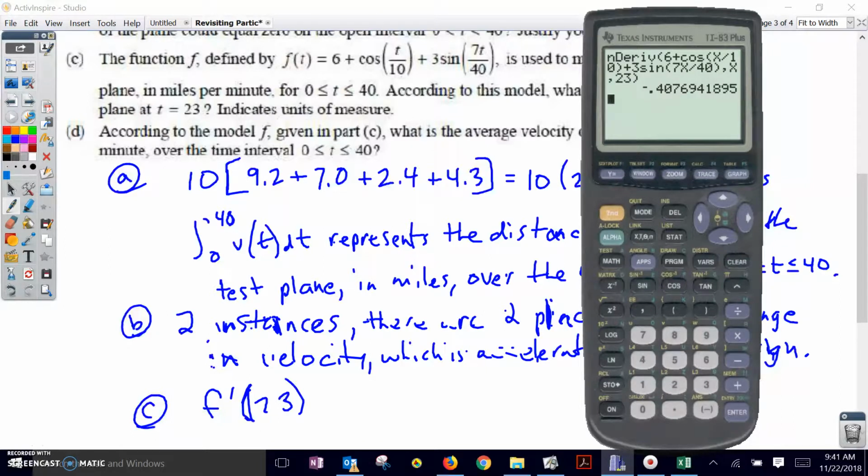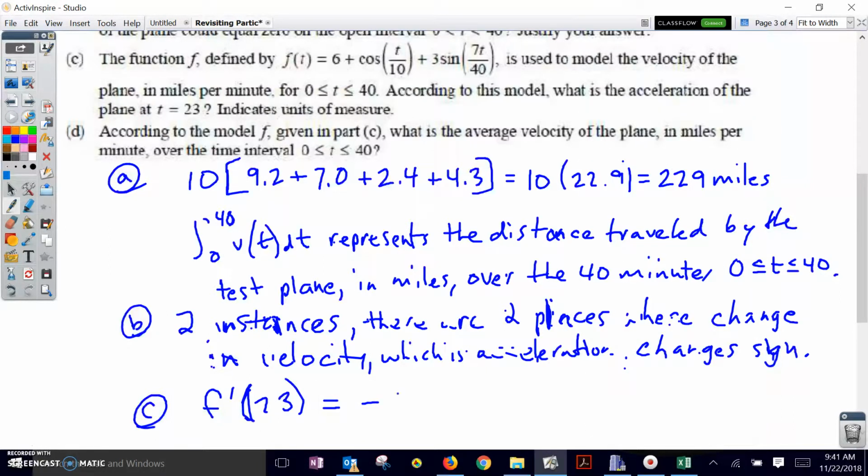And so we get negative 0.408. Okay, now since this is acceleration, and the velocity is represented in miles per minute, this is going to be in miles per minute squared.